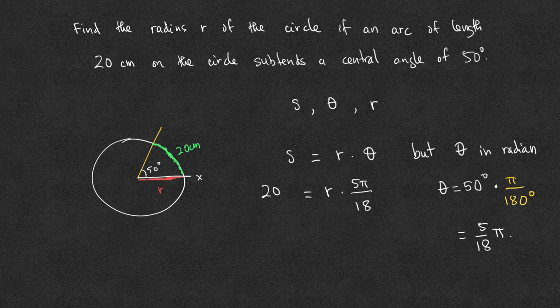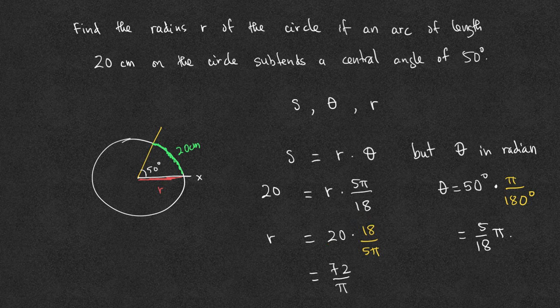To isolate r, the radius, we would simply take 20 and multiply by the reciprocal of 5 pi over 18, or we can divide both sides of the equation by 5 pi over 18, but that ends up multiplying by 18 over 5 pi. The exact answer for the radius is 72 over pi.